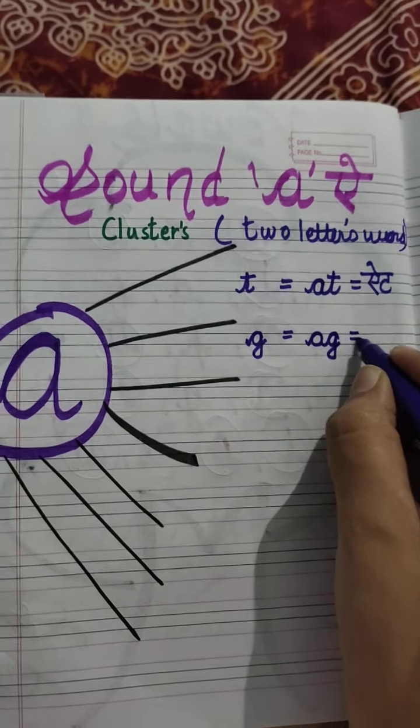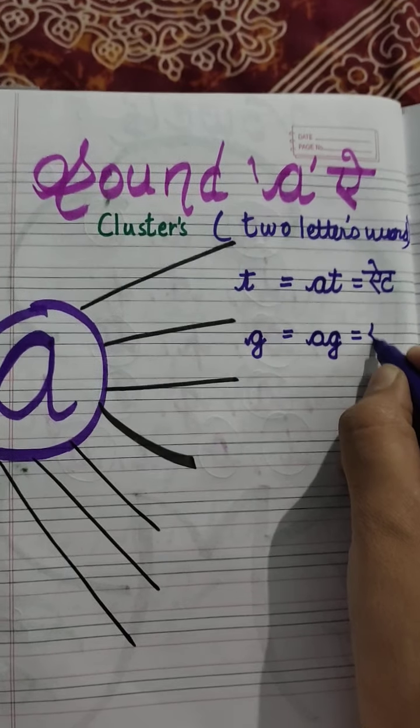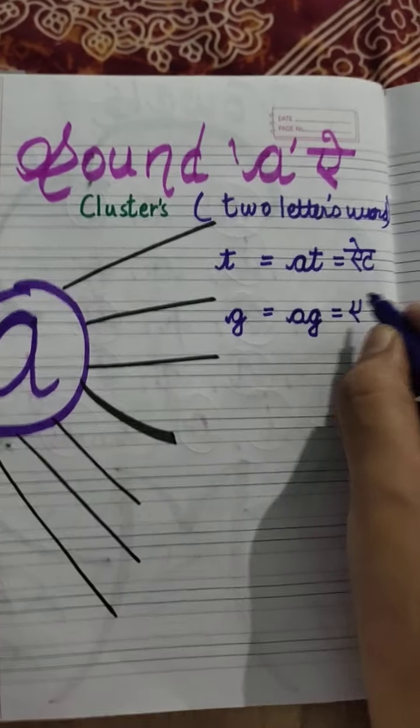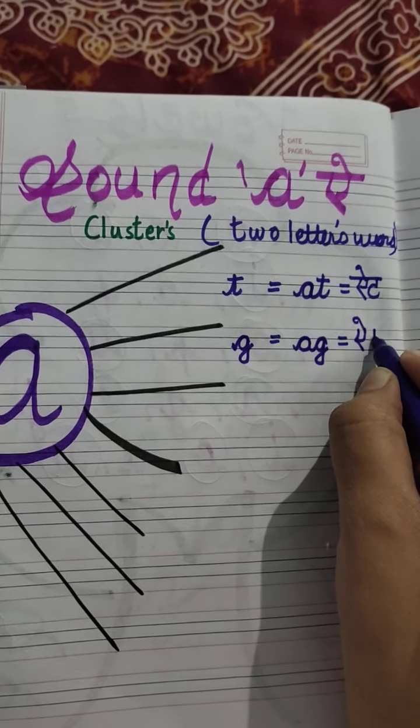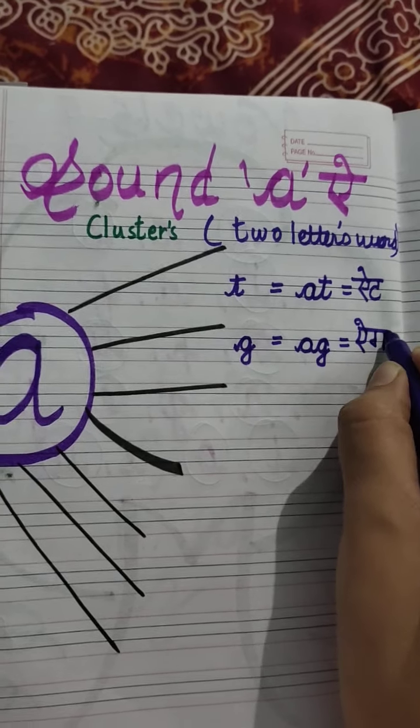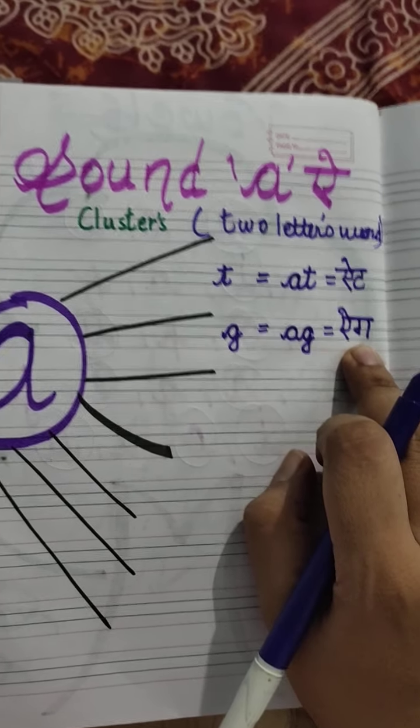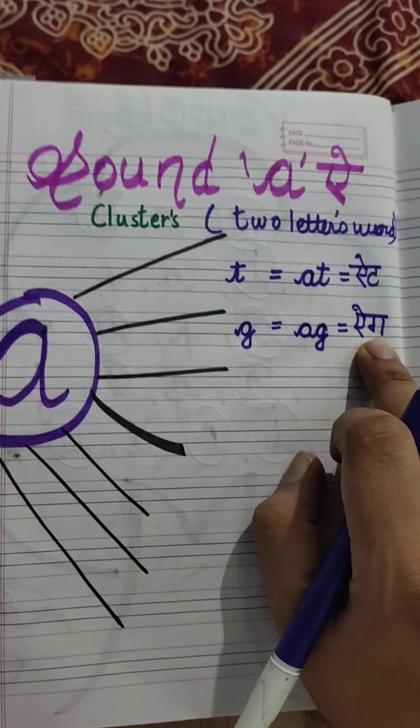The sound of this cluster is ag. Why? Because the sound of A is A and the sound of letter G is G. So this cluster sound is ag.